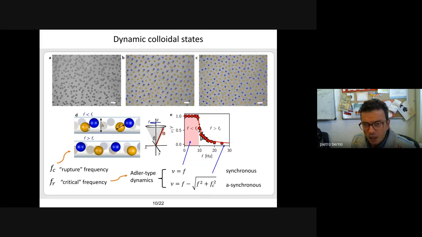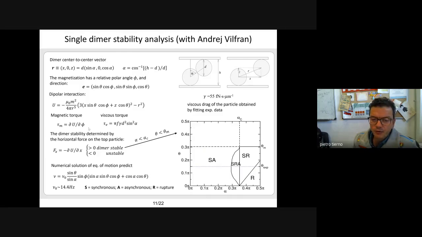Okay. So now I will be very fast here because I don't want to bother with modeling, but just to tell you that we collaborated at the beginning with Andrei Wilfan, who developed a theoretical model that could explain the phase diagram that we observed.